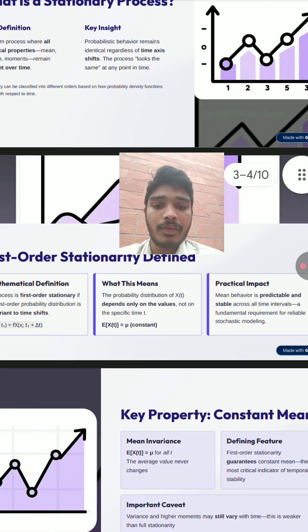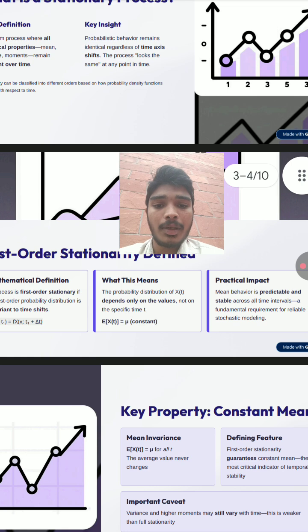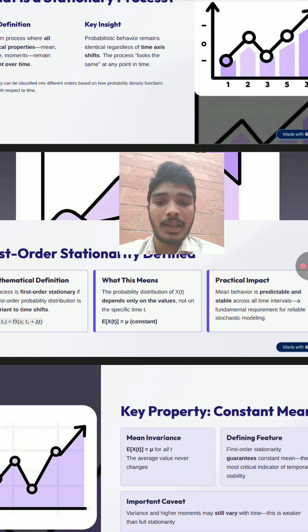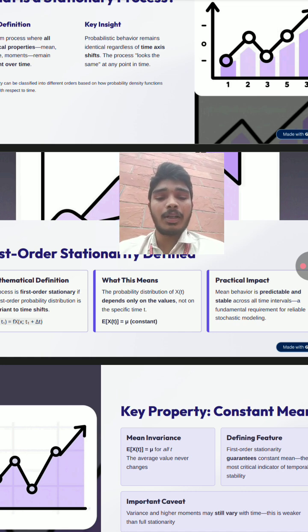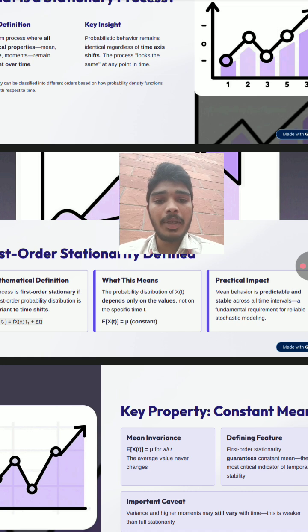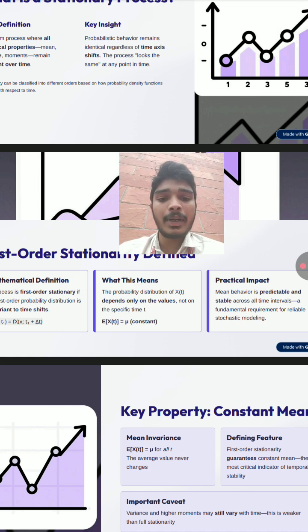Practical impact in our life: mean behavior is predictable and stable across all time intervals. Mean behavior means the mean depends only on the change in time, not the time value. It can be predicted easily and is stable across all intervals.